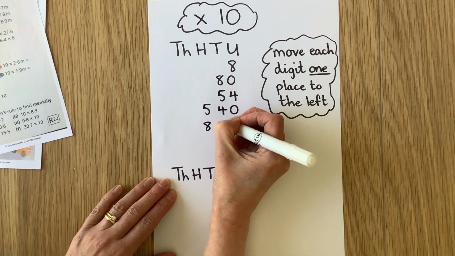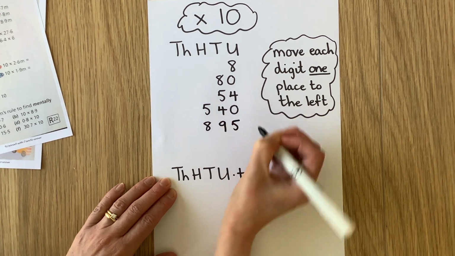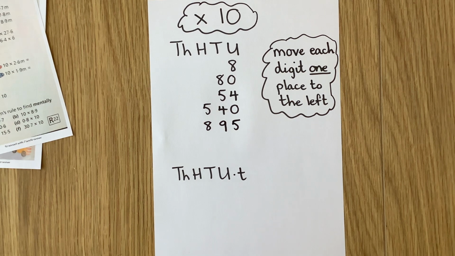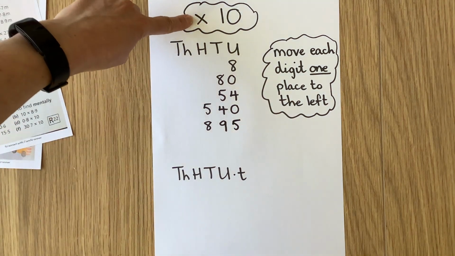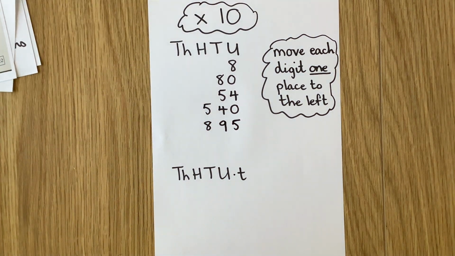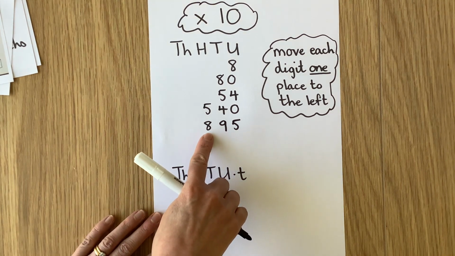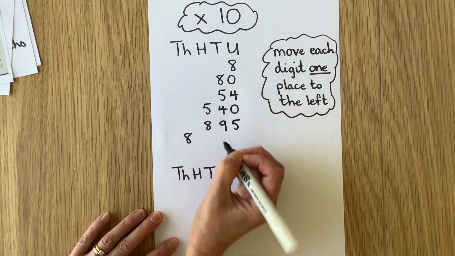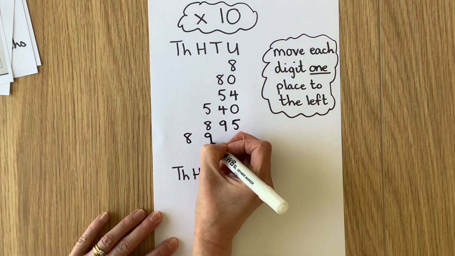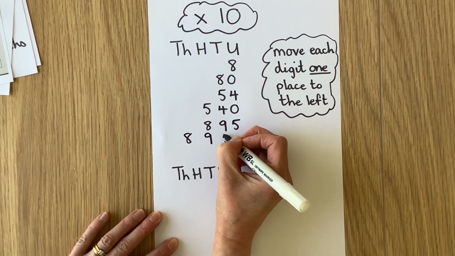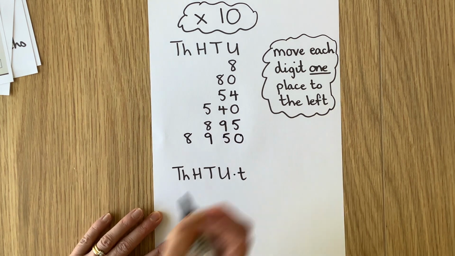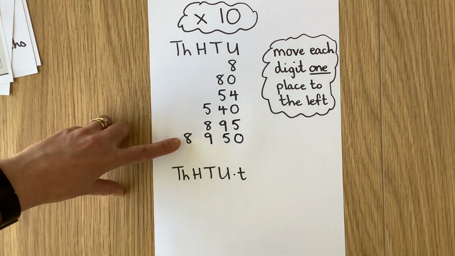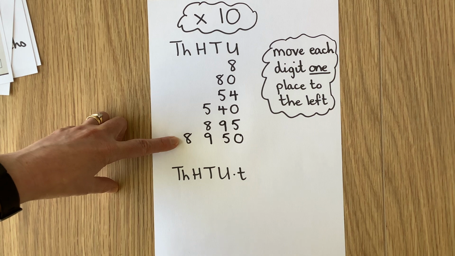So what if I had the number 895? And I said to you, what's 895 times 10? Well, when I multiply it by 10, take each number, move it one space over. So the 8 moves into the thousands, the 9 into the hundreds, the 5 goes into the tens, a 0 into the units. How would I say that number?